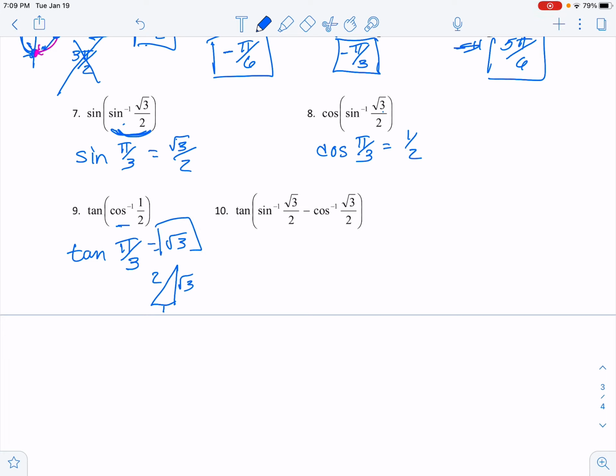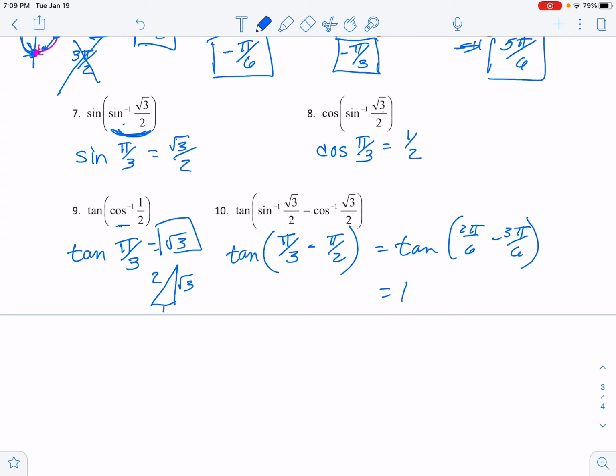Okay. Do it again. The sine is this, which is pi over 3. The cosine is that, which is pi over 2. I need the tangent, so get common denominators. So that's 2 pi over 6 minus 3 pi over 6.